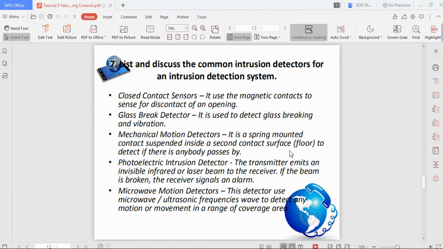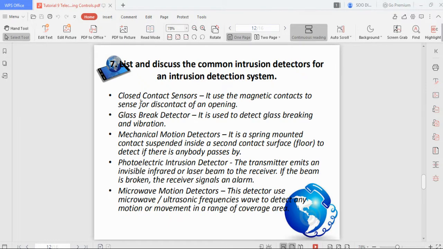Okay, so this is the next question, question 7. Here it is asking you to list and discuss the common intrusion detectors for an intrusion detection system. So this is building services for security. We have a few common intrusion detectors, about 5.